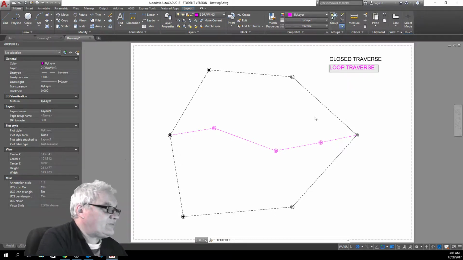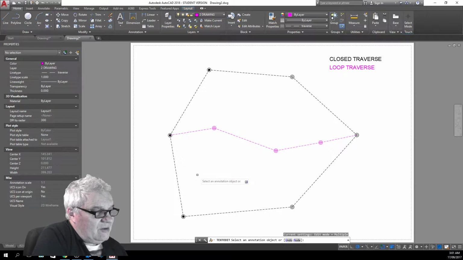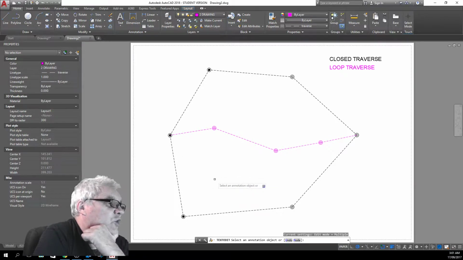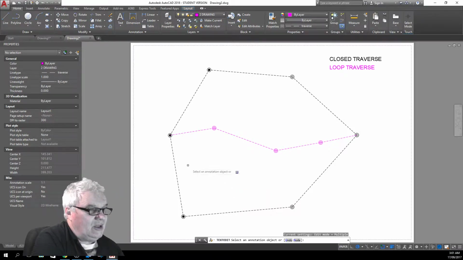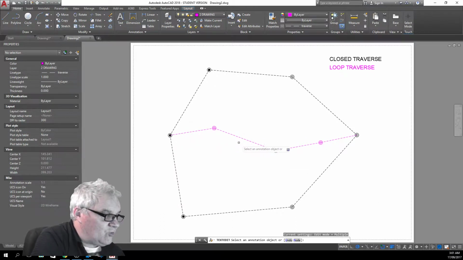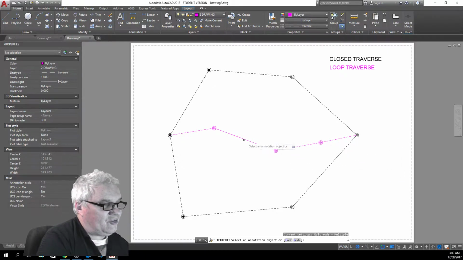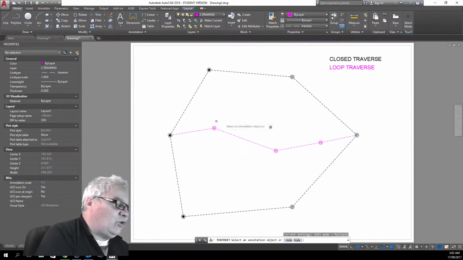Now, this sort of traverse is not as strong as the closed traverse, because if there's a little bit of error in the closed traverse when you're coming through the middle, that error still exists. It can't be eliminated by this traverse here, because it's all one way.